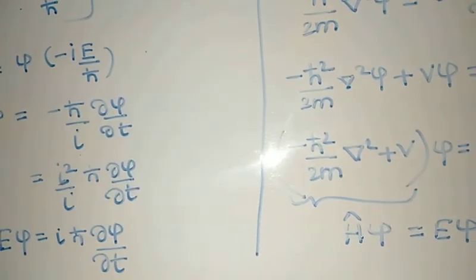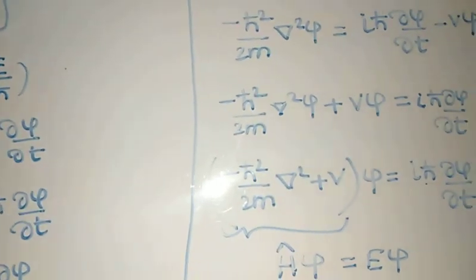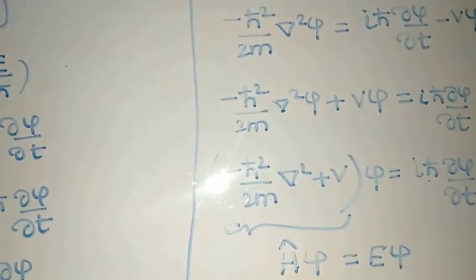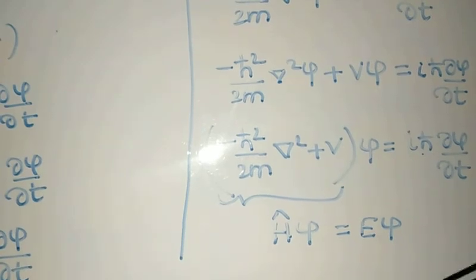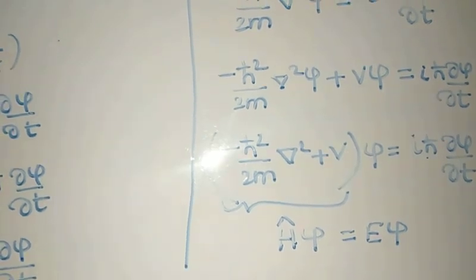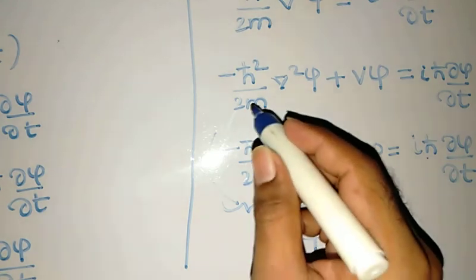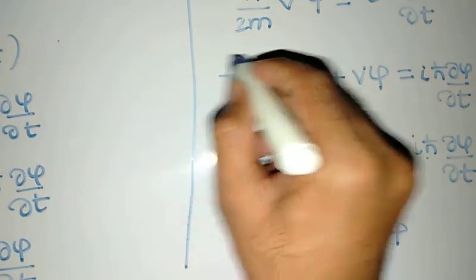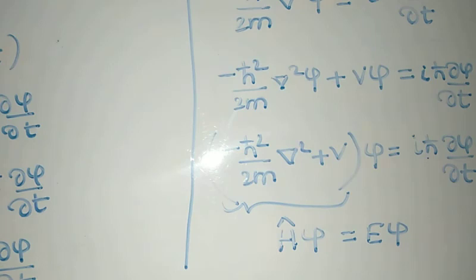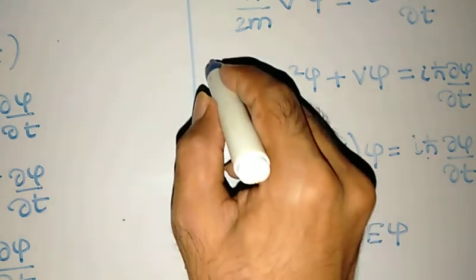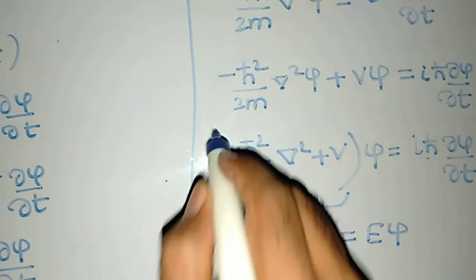This is the psi we have used here. Now this equation is called the Schrodinger time dependent wave equation. So this is okay. Thank you.